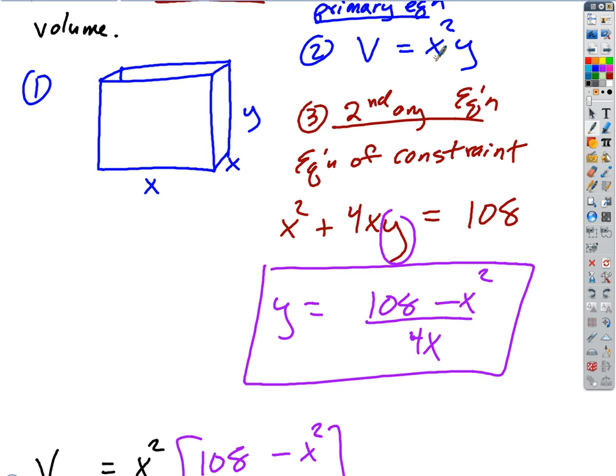But the surface area, how's that going to work? Look what happens to y. If x goes to 0, the bottom of this fraction shrinks. I end up getting 108 on the top, but 0 on the bottom, and so y is exploding. Y would get infinitely big. And so that's an impossibility.